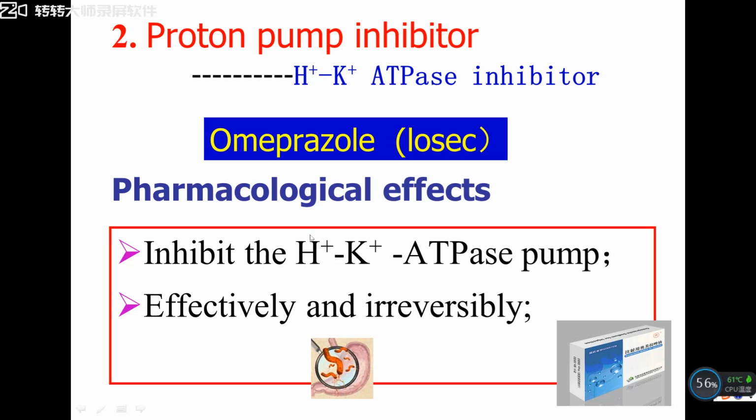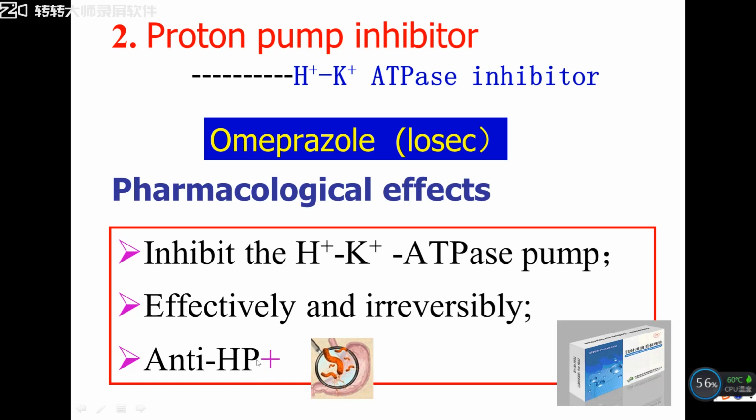This drug is used to treat ulcer, very useful, effectively and irreversibly. It can not only inhibit acid secretion, but also inhibit H. pylori infection. So for this reason, it not only inhibits acid secretion, but also inhibits the bacterial infection.